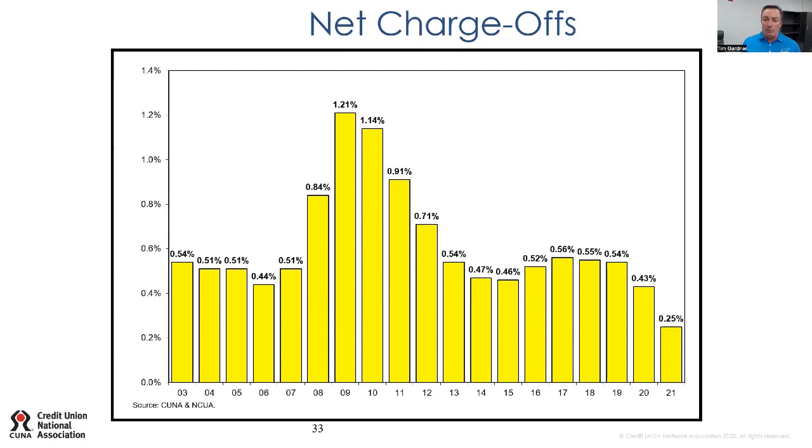When the housing market crashed, people were caught holding more than one mortgage, so they let a lot of them go bad. Then the credit unions foreclosed on them and sold them, and that created a charge-off. Those are just some of the things we can think about as it relates to net charge-offs.